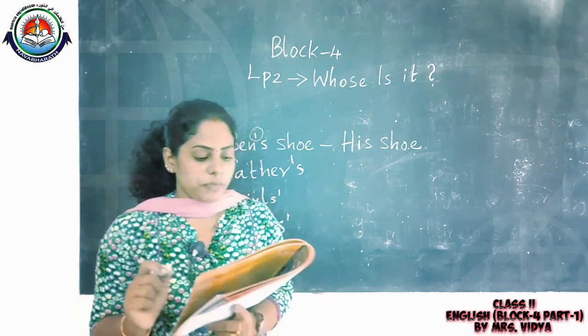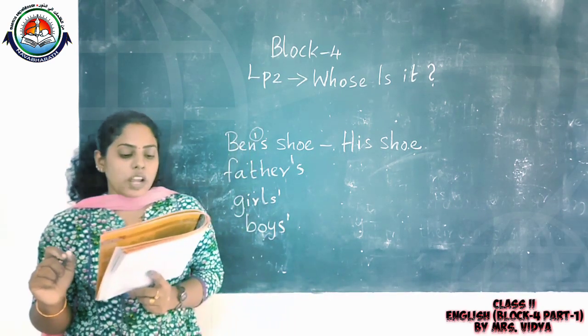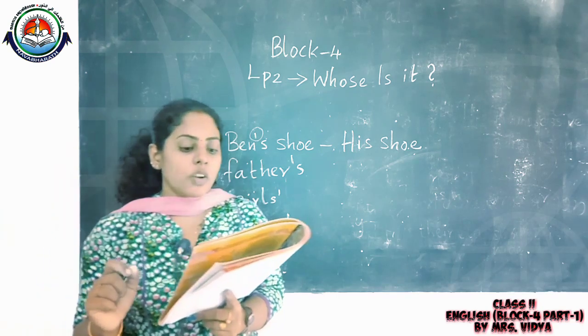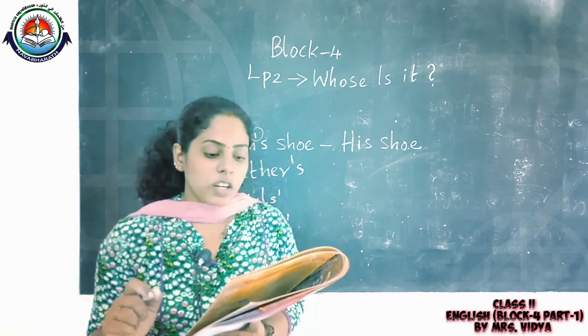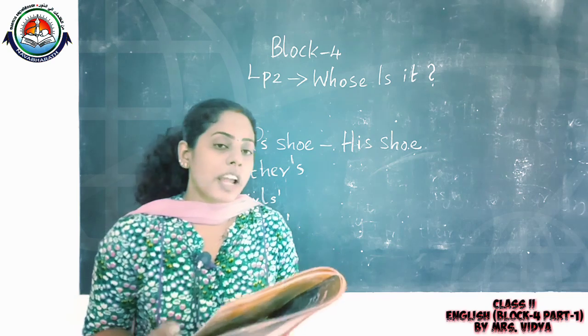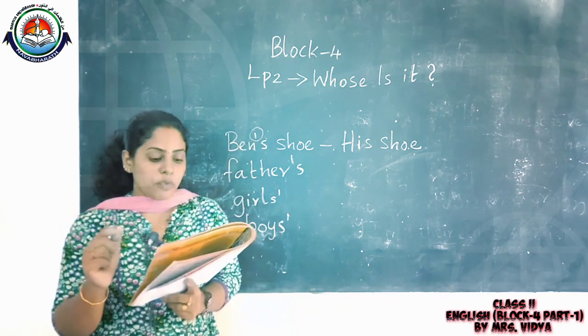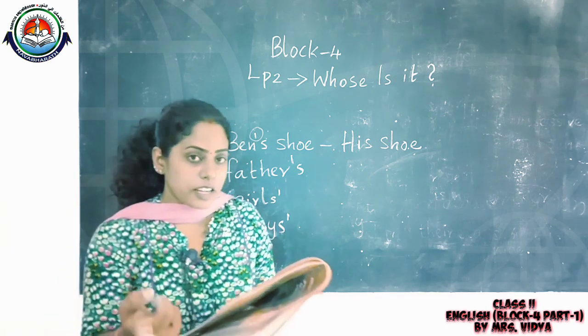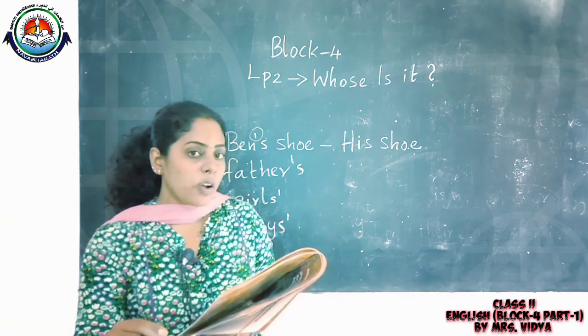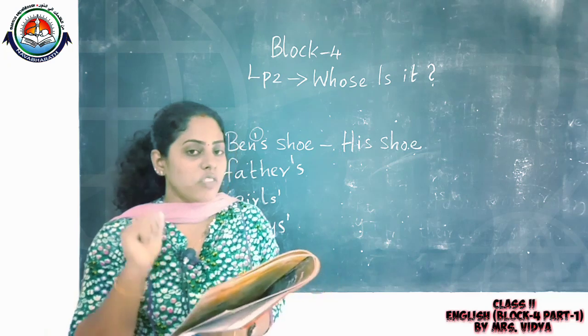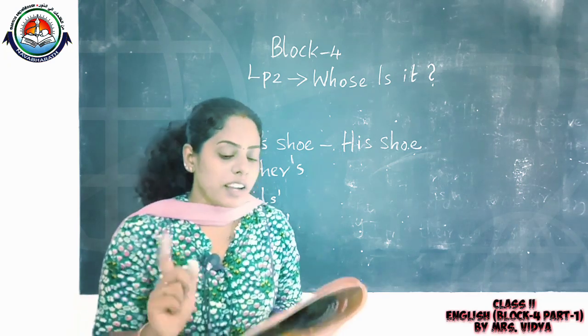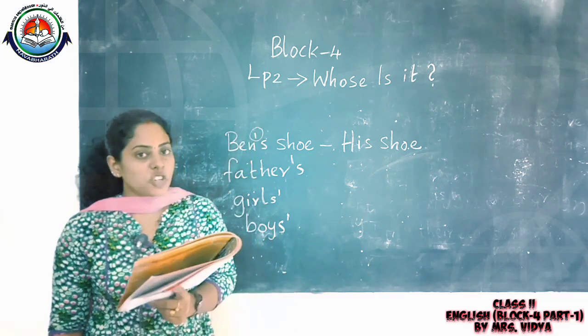Very good, her. Rajat loves to write. Every Monday he writes a letter to dash grandparents. Rajat is a boy. So we have to use his grandparents. Is it clear for you, my dear children?